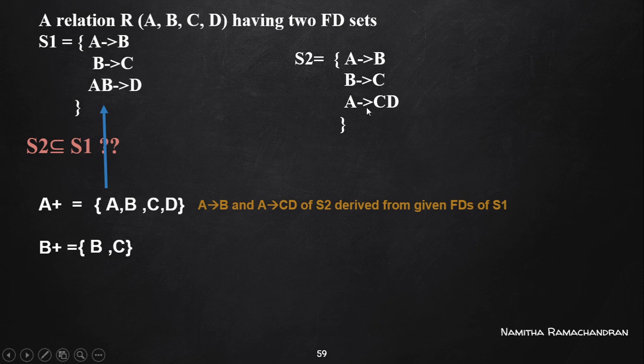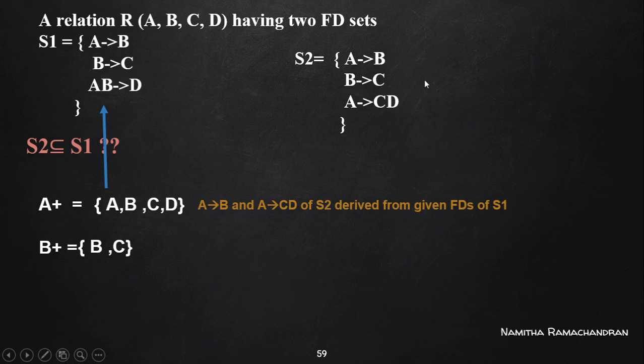Again, we have one more dependency starting from A, that is A implies CD. The presence of C and D in this closure set makes it clear that A implies CD of our S2 is derived properly with the help of dependencies listed here in S1.